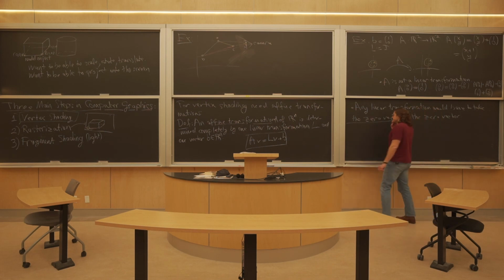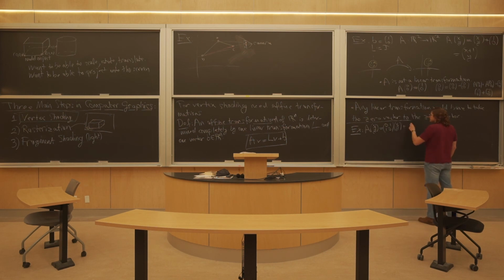Let's do another example. Let's think of A of xy equals, let's say, 0, 1, 1, 0 times xy plus, let's say, 1, minus 1.